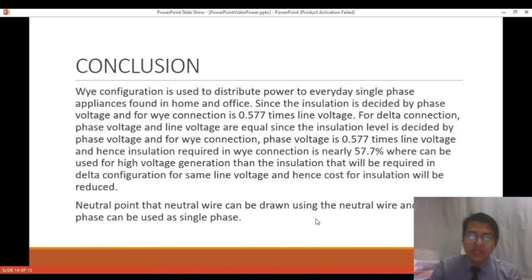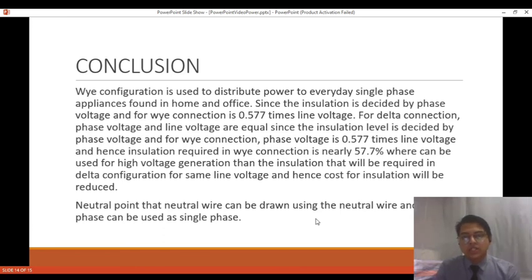We continue with the conclusion. The Y-wire configuration is used to distribute power to everyday single-phase appliances found in homes and offices. Since the insulation is decided by phase voltage, for Y connection it is 0.577 times line voltage. For delta connection, phase voltage and line voltage are equal.